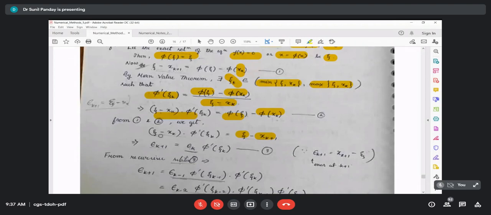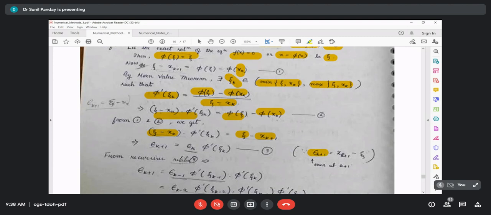So here we have written xi minus x_{k+1} is equal to xi minus x_k, but xi is the exact root and x_k is the approximated root, and their difference is called the error. You know how we defined error earlier also.